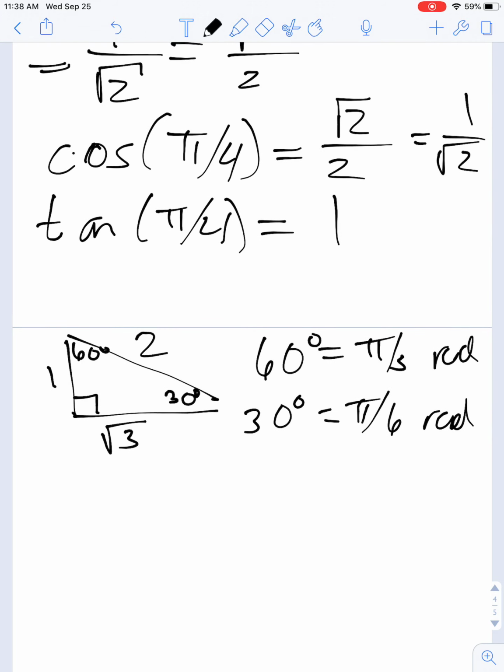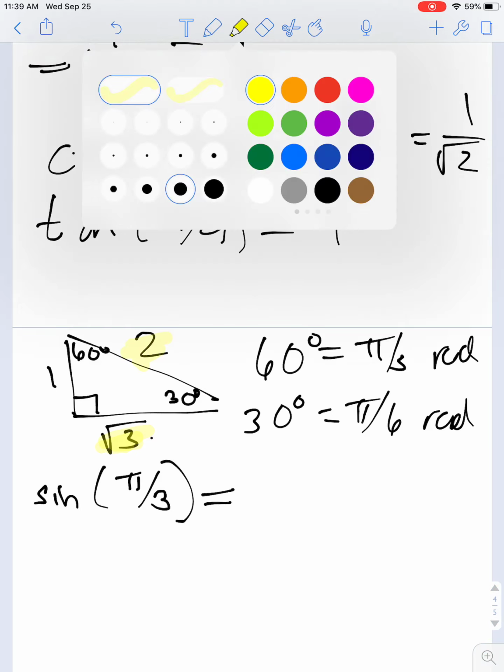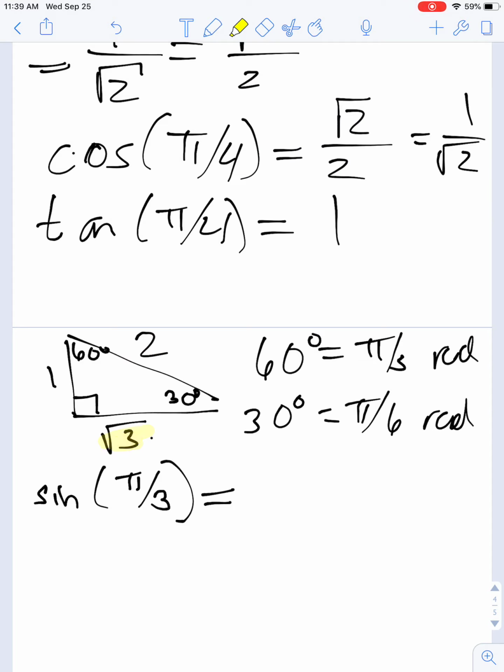So let's go through 60 degrees first. So sine of pi over 3 is equal to, all right, so I'm looking at 60 degrees, so opposite over hypotenuse, and we get the square root of 3 for opposite over 2 for the hypotenuse.